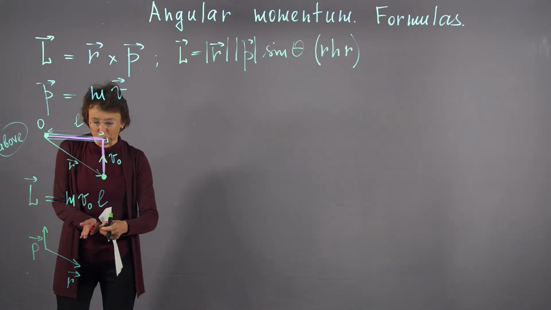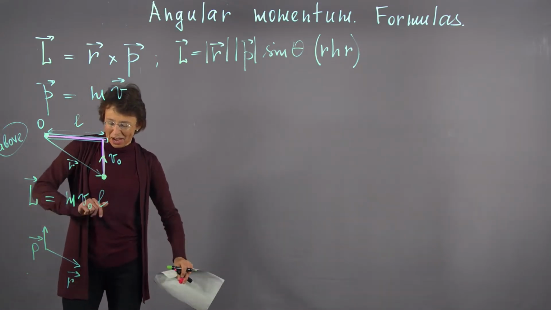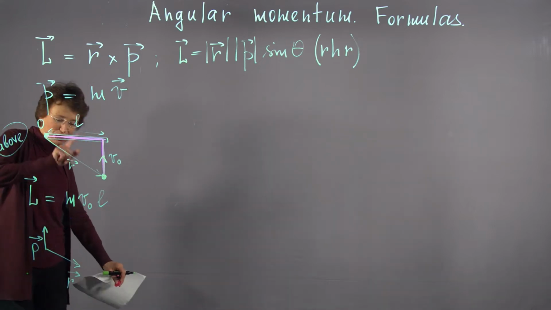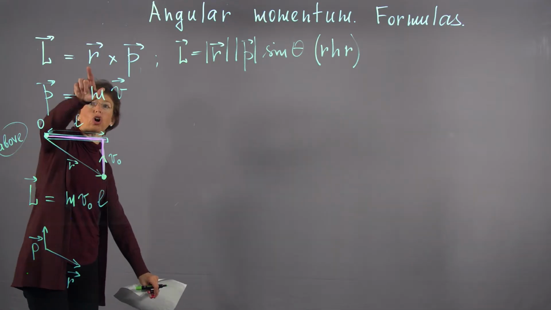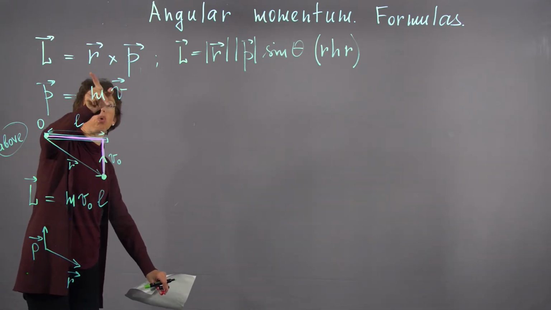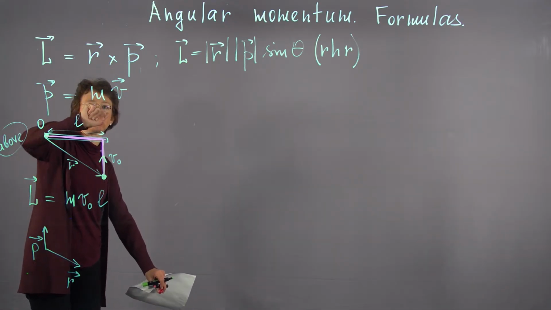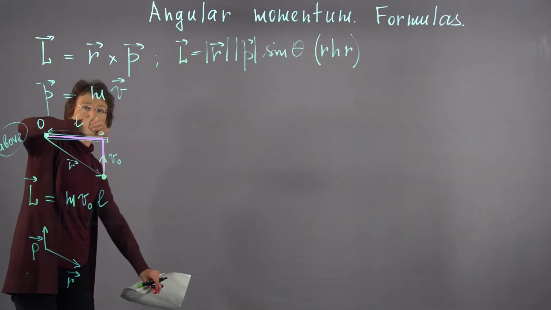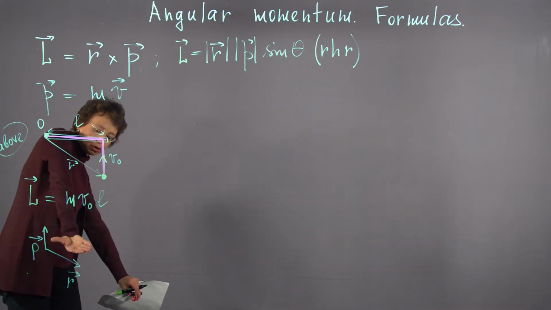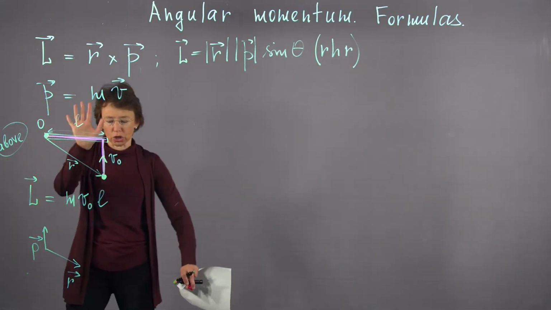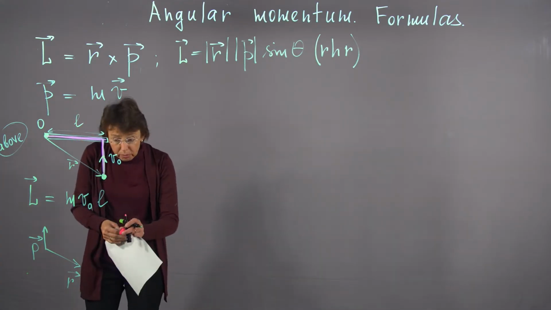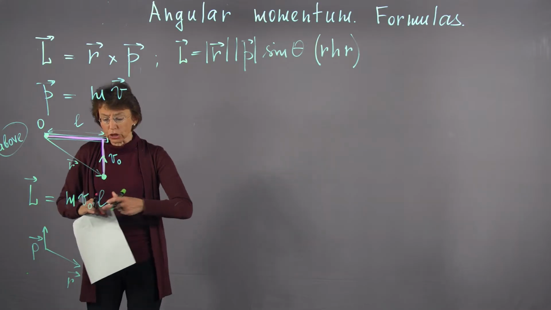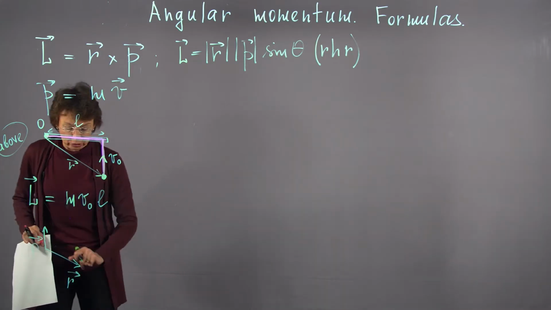You need to use your right hand. I'm using my left hand because you see my mirrored image. So now you put your fingers along r. You cannot mix the order because you will get the wrong direction of angular momentum then. r always goes first. First of all, narrow down your choices before you start playing with your fingers, because cross product is always perpendicular to the plane of the original two vectors.